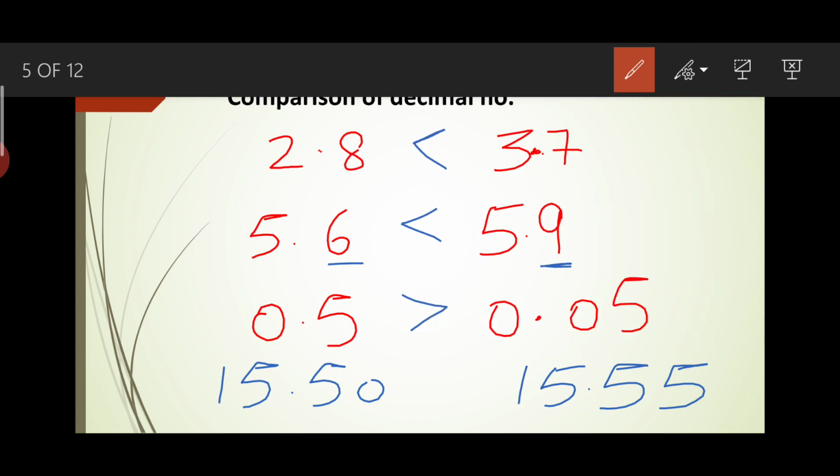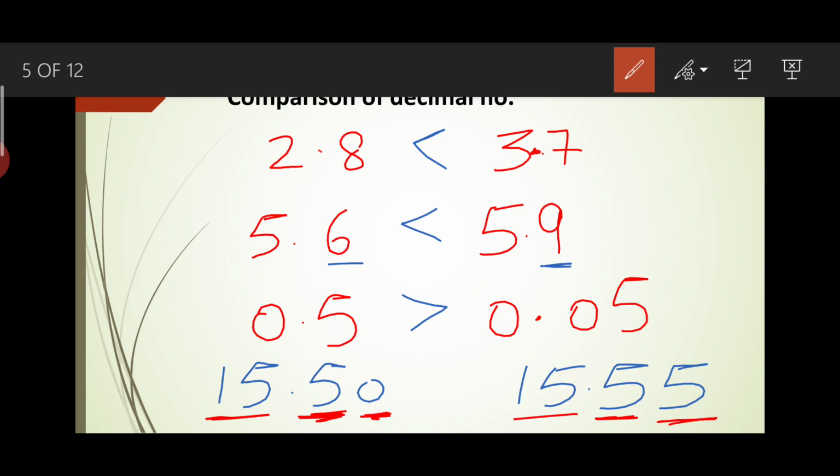You will see first the term before the decimal is the same, so you move on to the next term after the decimal, that is 5 and 5, both are the same. So now you just have to move to the next number after the decimal. In both numbers the digit after the decimal is 5, which is the same, so after that we will look at the next digit. In 15.50 the next digit is 0 and in 15.55 the next digit is 5.